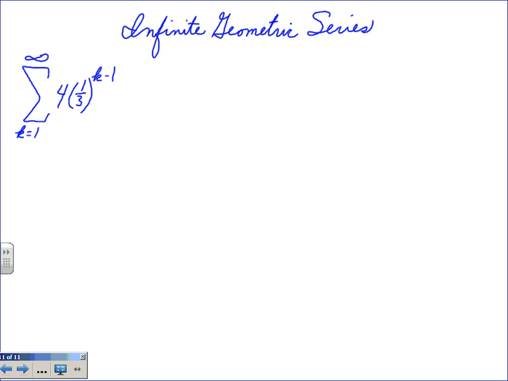An infinite series. Our formula, S. Now it's not S sub n or S sub anything. It's just S, is equal to T1, our first term, over 1 minus r. So it's a real simple formula to use.